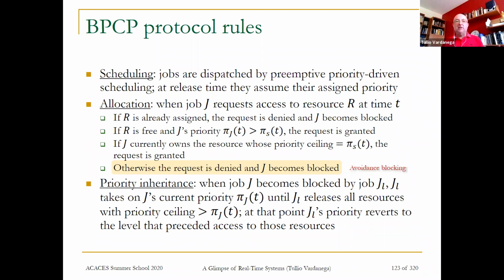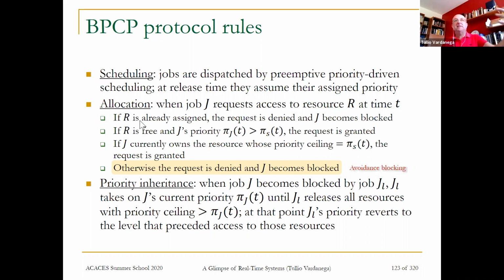So let me resume. I was saying, we have this system ceiling, and the system ceiling is clever because it helps deciding whether you want to give resources or not to avoid situations that may be dangerous, including deadlock. How do they operate? Well, when a job is running and wants to acquire a resource, we check again, is the resource free?